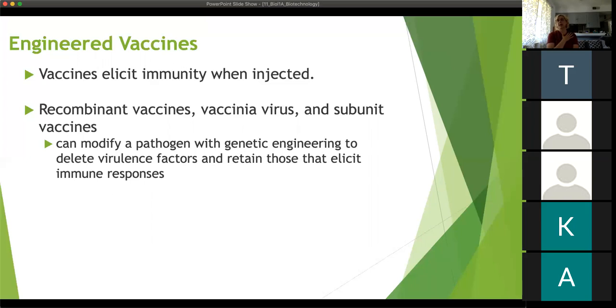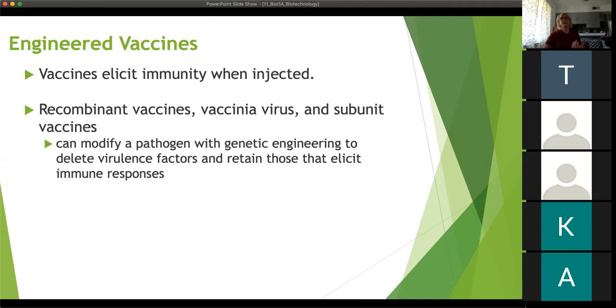The idea is that you are exposed to the vaccine, you mount an immune response, and the next time you're exposed to the pathogen, like a bacterium or a virus, you won't get sick. It's a way of tricking your immune system into thinking you're sick. It'll mount an immune response, but you're not actually at risk.